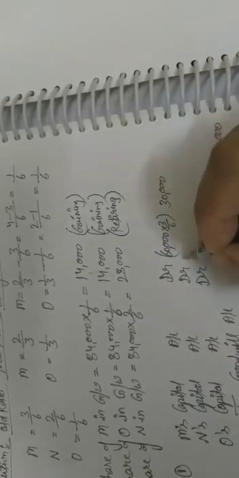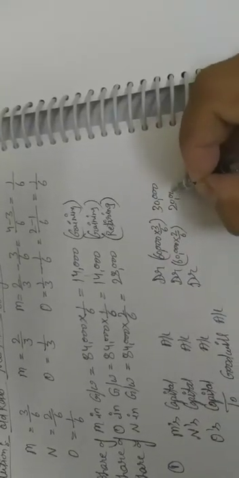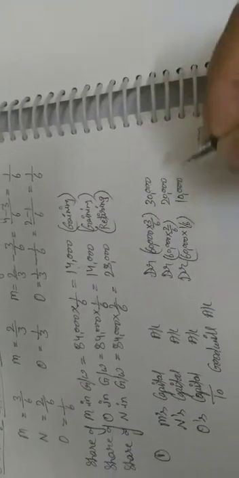Multiply 3/6, 30,000; 60,000 multiply 2/6, that is 20,000; and 60,000 multiply 1/6, that is 10,000.